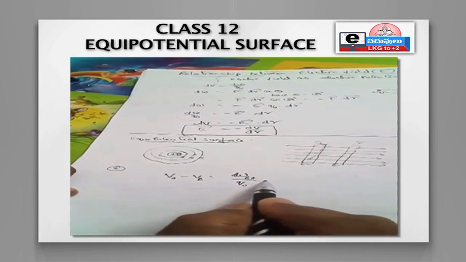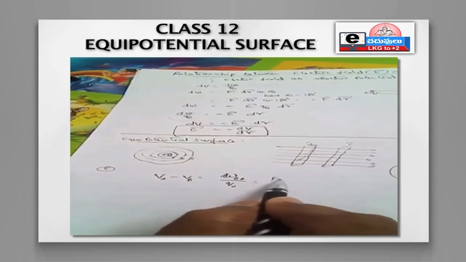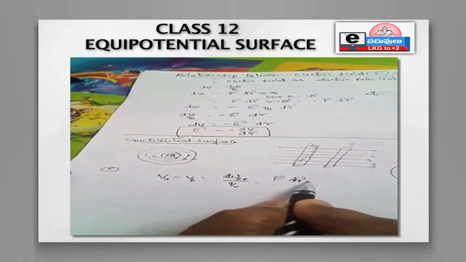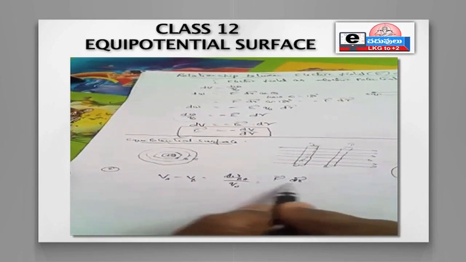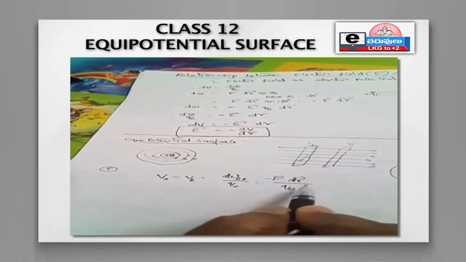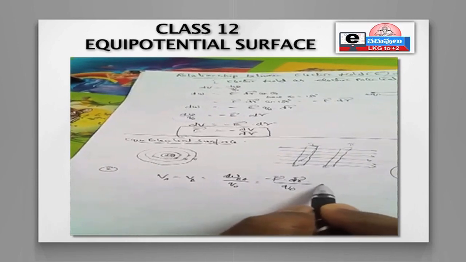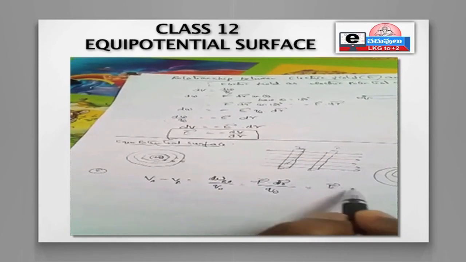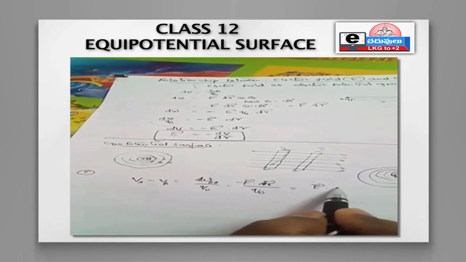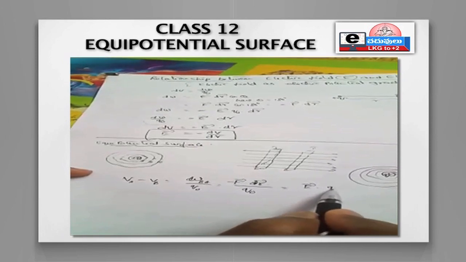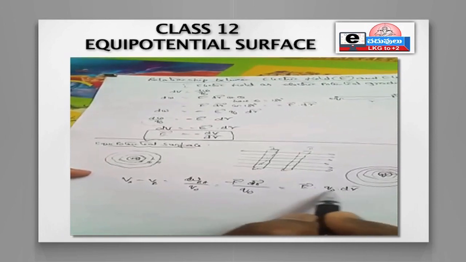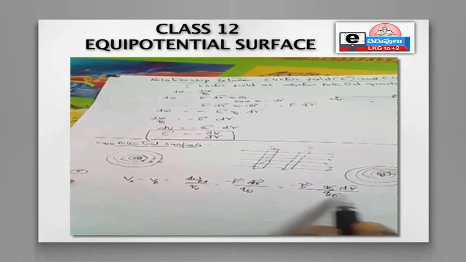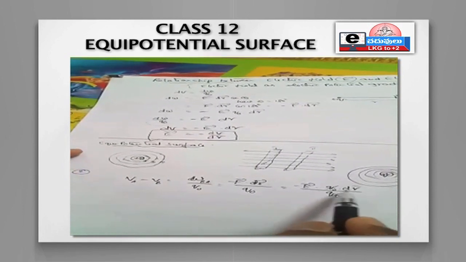Work done is equal to force into displacement, F into dr into cos 180, with a negative sign. F is equal to E into q naught, so q naught cancels. This we have already discussed.